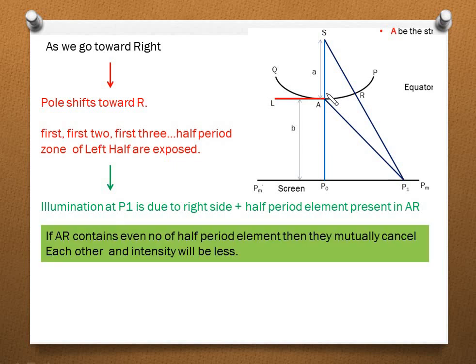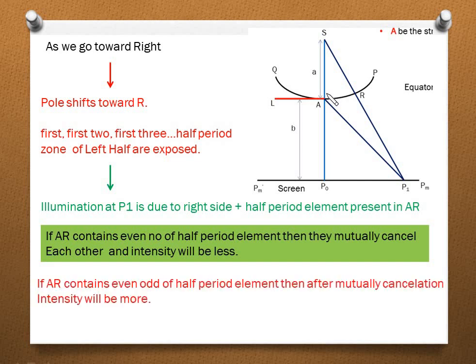Now suppose AR contains an even number of half period zones, then the amplitude due to the even number of zones will be almost zero. Why? Because the resultant amplitude at any point we can write as A1 minus A2 plus A3 minus A4 and so on. If it is even, then A1 will cancel with A2, A3 cancel with A4. So it's not actually zero, but it will be much less.